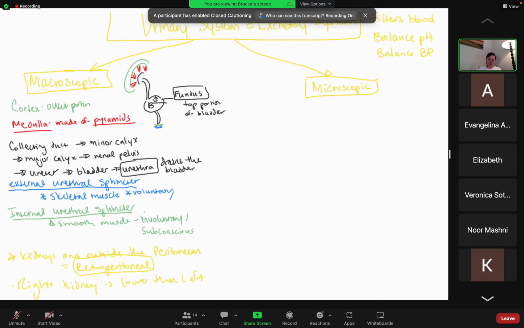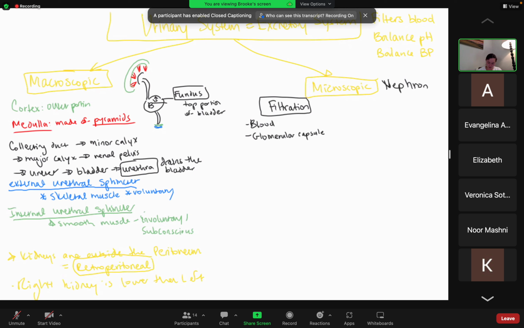Okay, so microscopic. Microscopic is dealing with the nephron, right? So the nephron and the function of the kidney is for filtration. So what is it filtering? It's obviously going to be filtering blood. And what is the location of filtration? The location of filtration is the glomerular capsule.